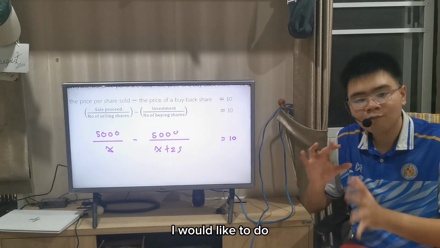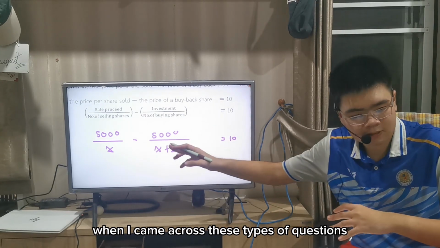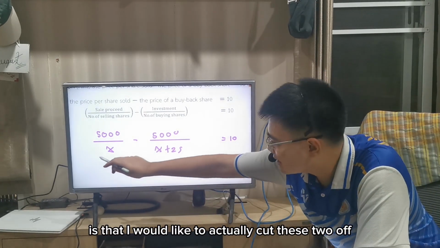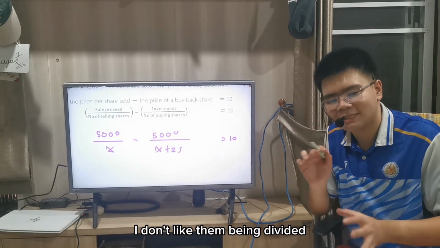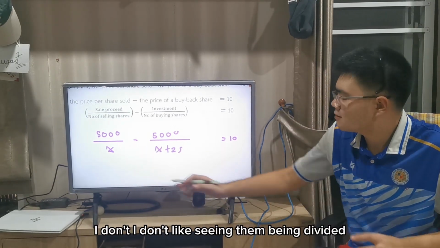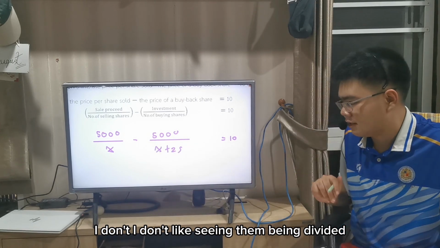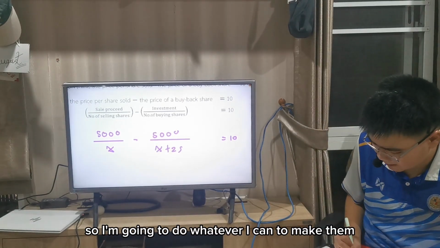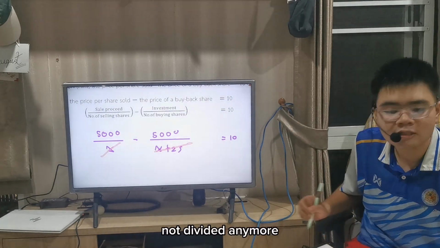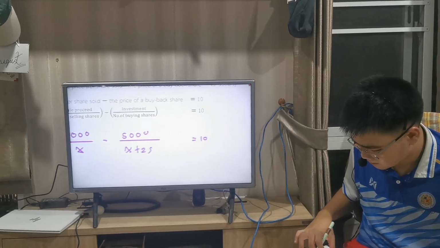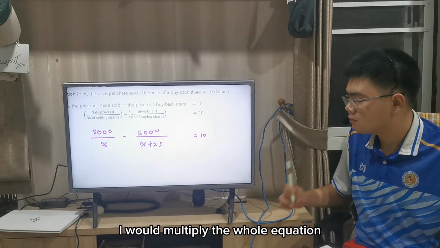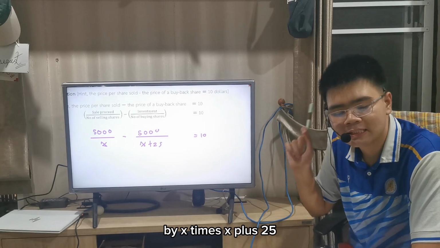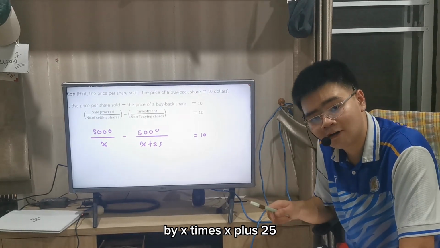Well, what I like to do when I come across these types of questions is to cut these two off. I don't like seeing them being divided. So I'm going to do whatever I can to make them not divided anymore. What I would do is multiply the whole equation by X times X plus 25.